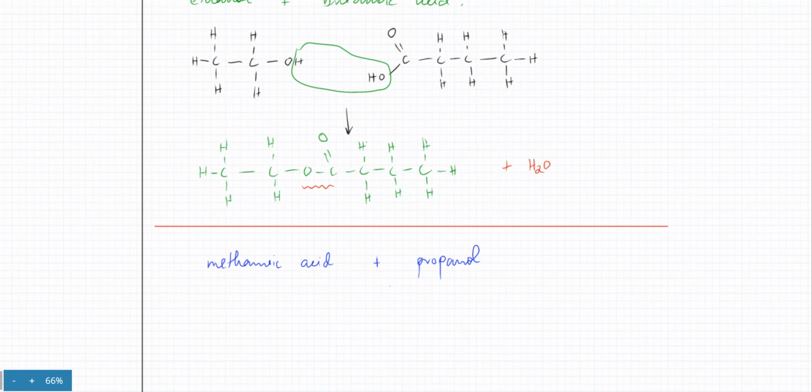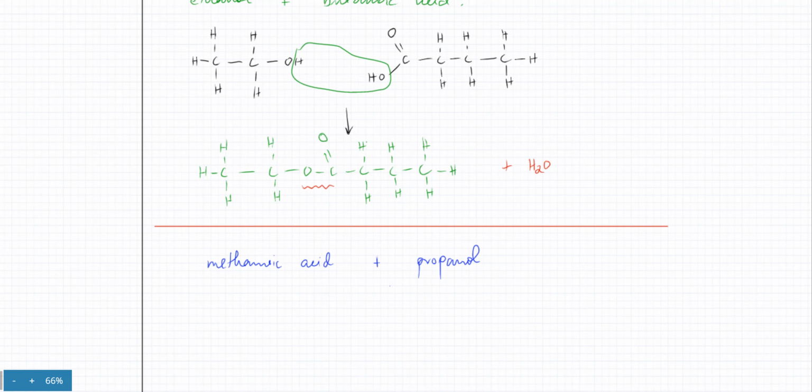I sent it. Okay sir, just one second, checking. So Sidra, it's almost correct. You're missing one hydrogen, that's it, in methanoic acid.